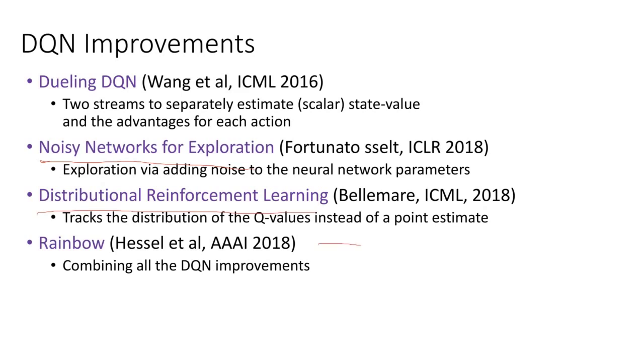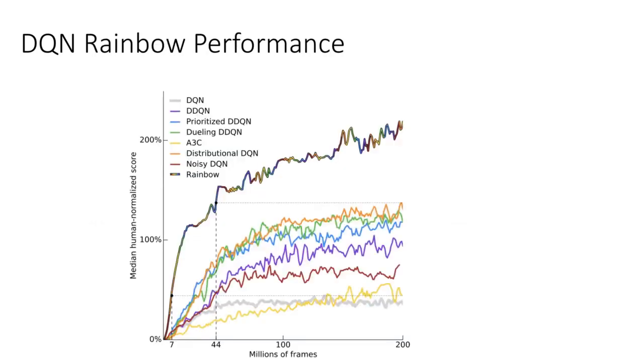All these papers are from Google DeepMind. An interesting work that they did in 2018 is called the Rainbow algorithm, where they put all these algorithms together, the basic DQN and all these improvements, and discuss how performance can be improved. This is what it looks like. The x-axis is millions of time frames.